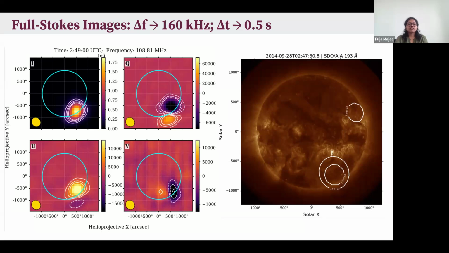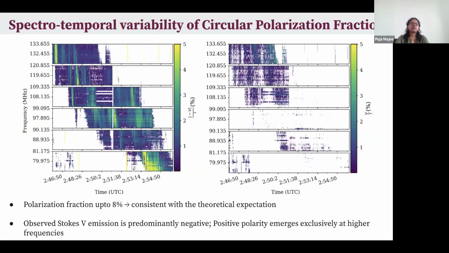So what we did is that we started characterizing each of these linearly and circularly polarized emissions. Let's start with the circularly polarized emission. This is the spectrotemporal variability of the circularly polarized emission.